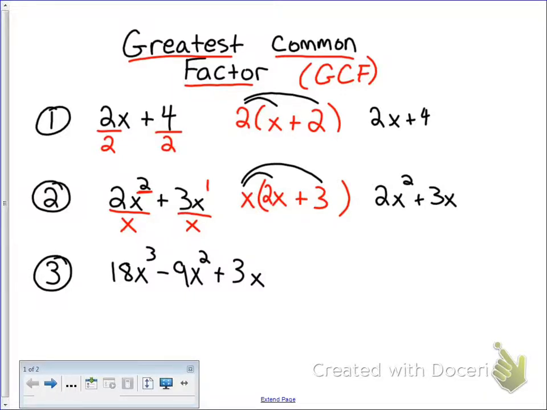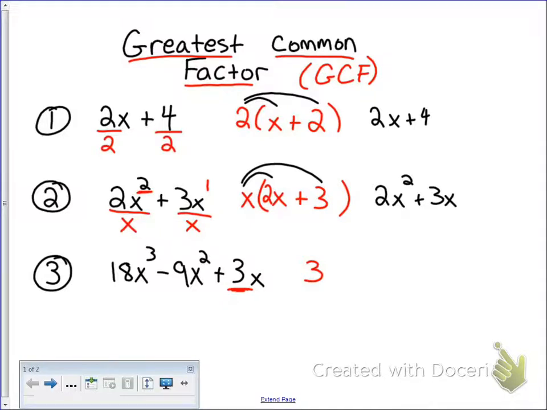All right, number 3 has a lot more going on. Looking at my numbers, the only number that I can divide out of all 3 of those is 3. 18 divides by 3, negative 9 divides by 3, 3 divides by 3. I can't pick any numbers bigger because of that 3 right there. So I'm going to take out a 3. But that's not the only thing I can take out.